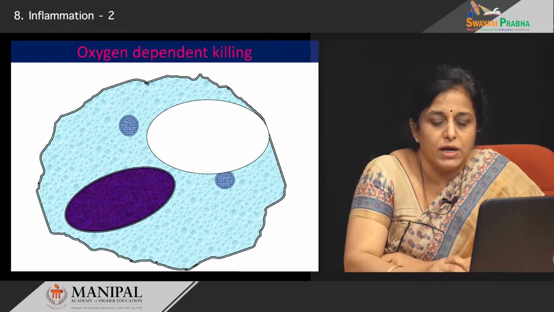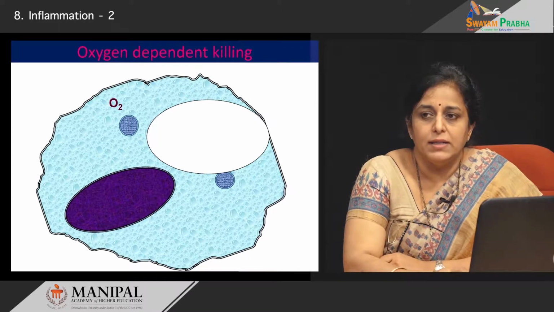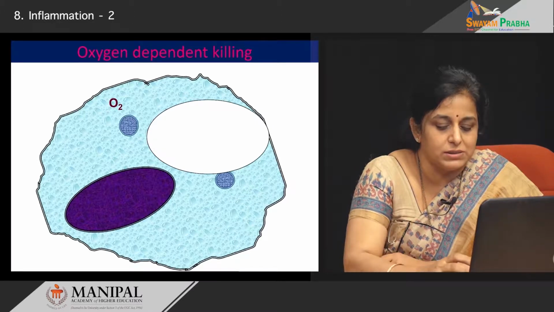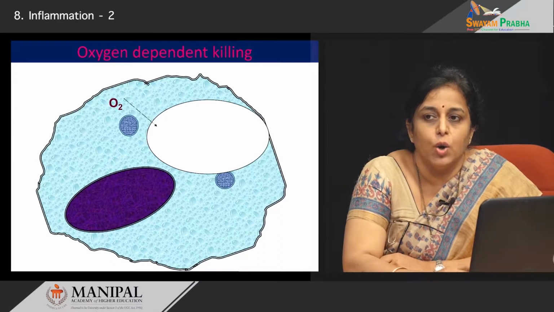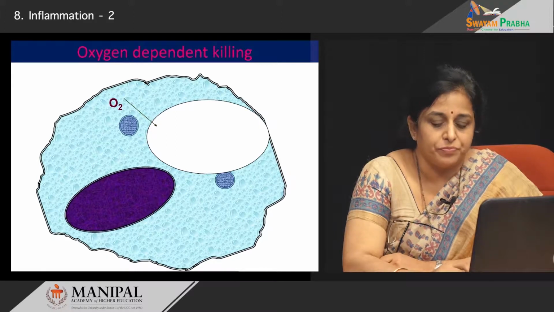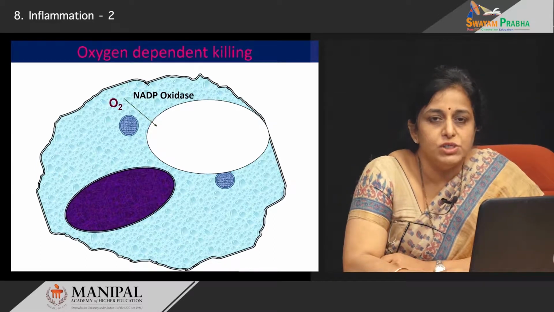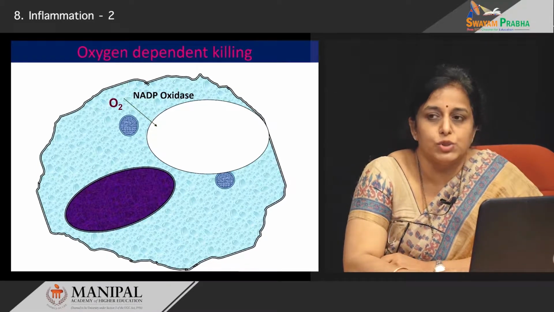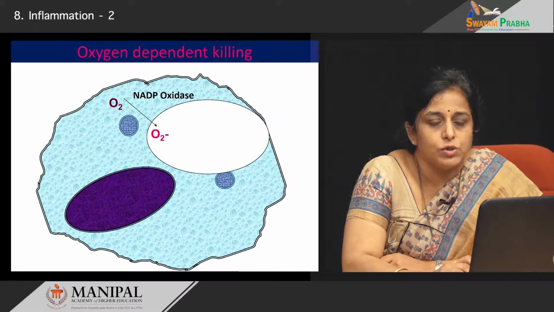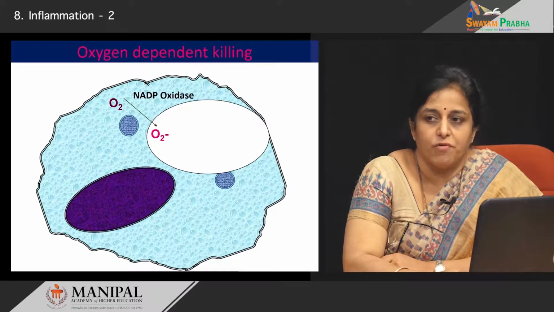When this phagolysosome formation is happening, there is a sudden burst, a respiratory burst, with increased consumption of oxygen within the phagolysosome. This occurs with the help of the enzyme NADPH oxidase. The oxygen taken up within the phagolysosome is converted to superoxide, which is a very potent oxygen radical.